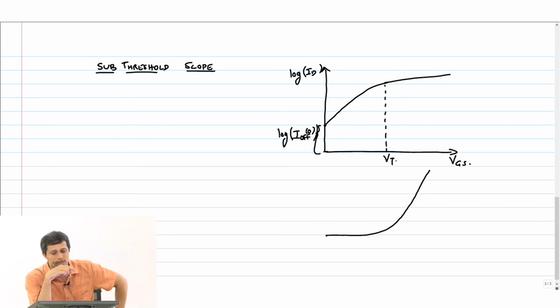And the hope is that if I reduce my VGS slightly below this VT, I want the current to drop significantly.